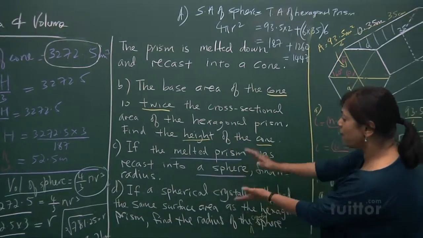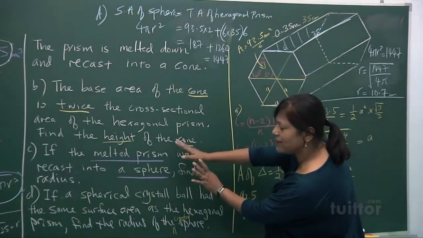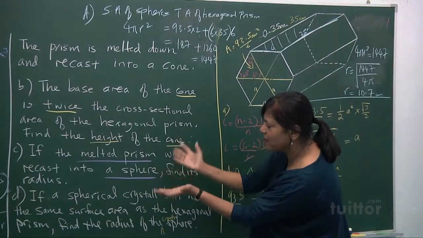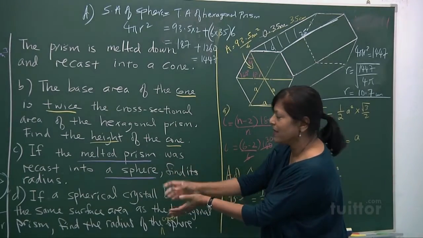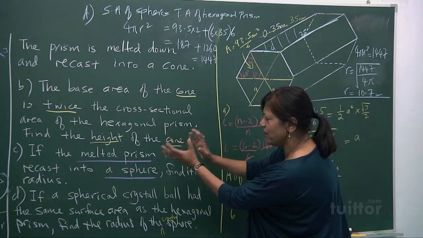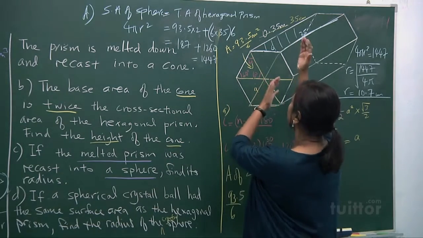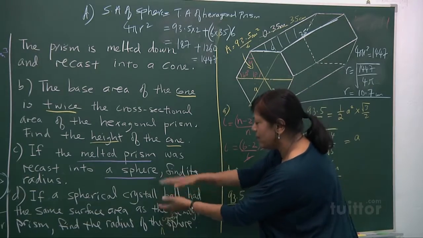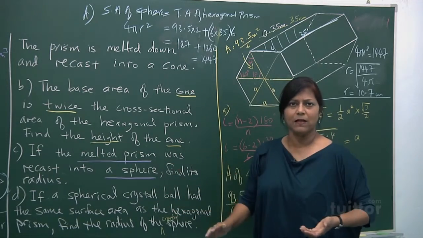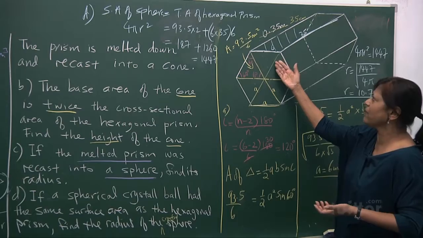Now the fourth sum has a little bit of a difference. What's the difference? Here, it's the surface area that's the same, whereas in the previous one, the volume is the same. The volume of the sphere is the same as the volume of the prism, whereas here, the surface area of the sphere is the same as the surface area of the prism.